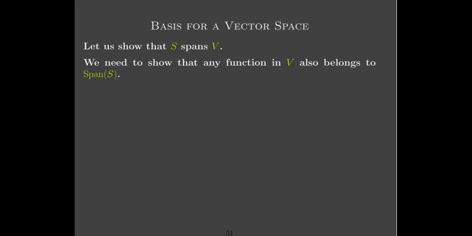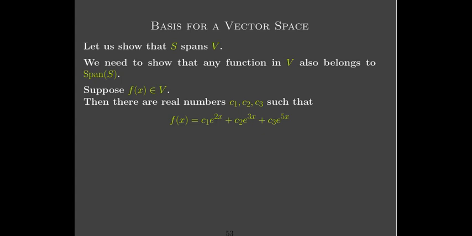Well, let's start off with showing that S spans V. So any function in V should also belong to the span of S. We should be able to write it as a linear combination of those 3 functions in S.